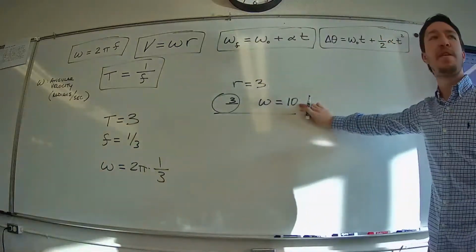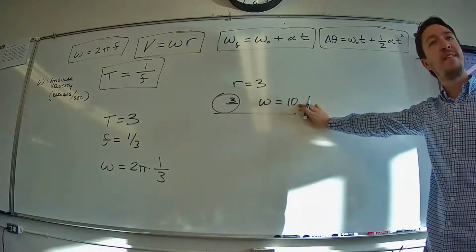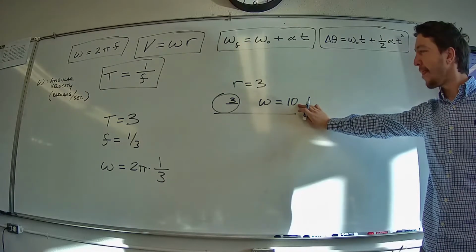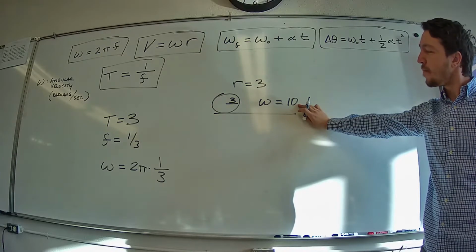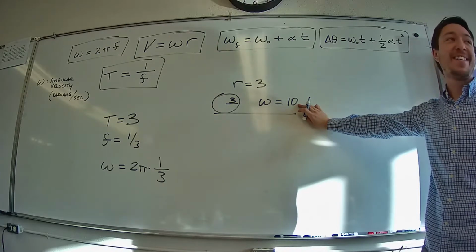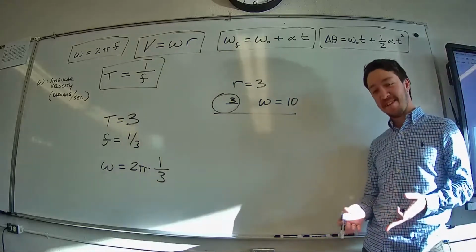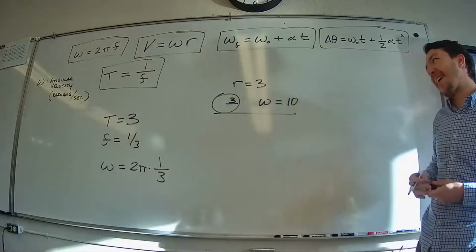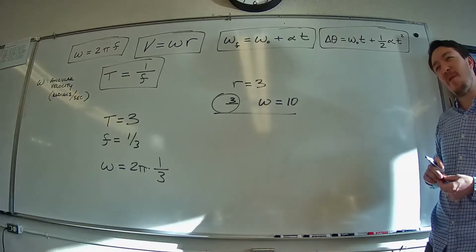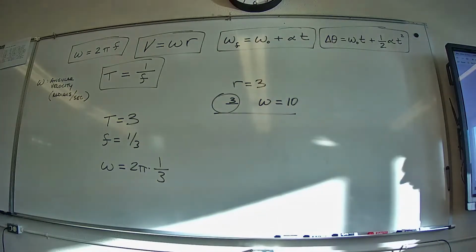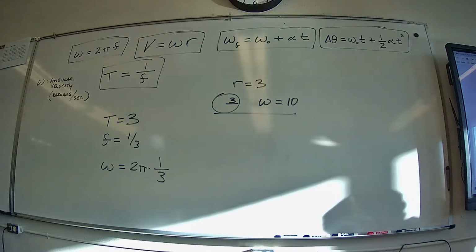How many spins per second is that roughly? 5 over pi. That's exactly how many rotations per second it is. It's a little bit more than 1.5. 10 divided by 6, you get the idea.